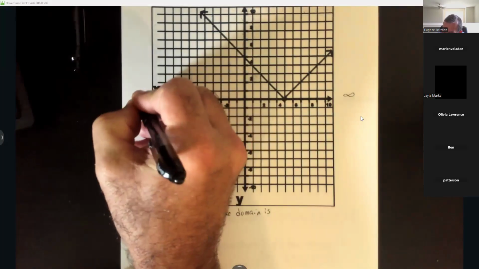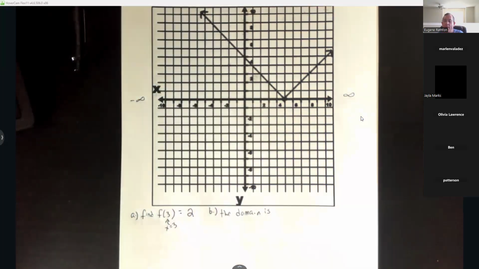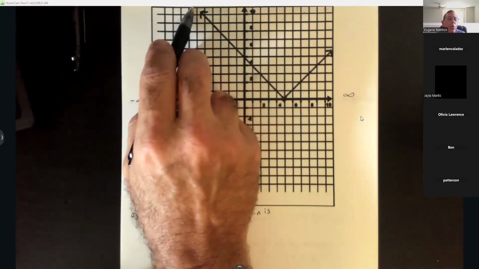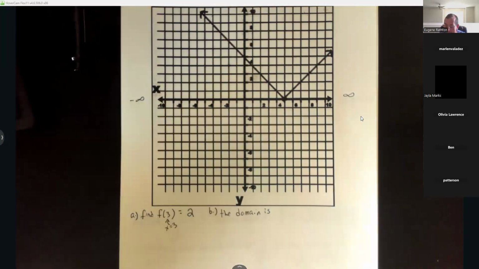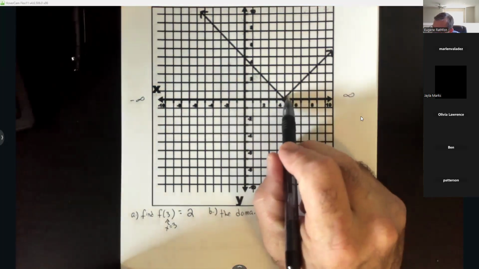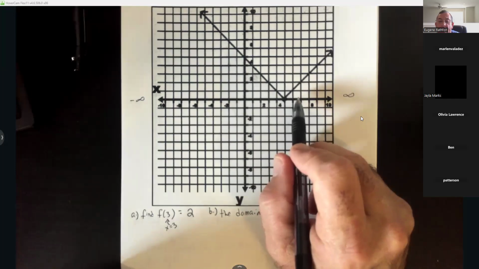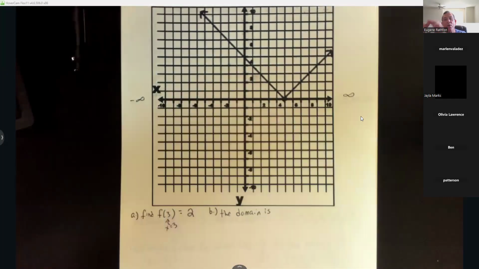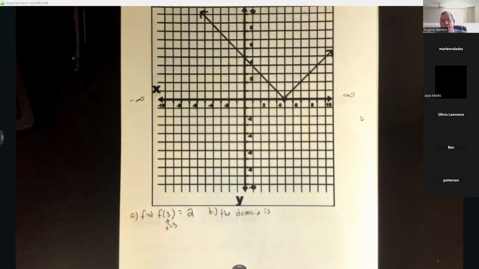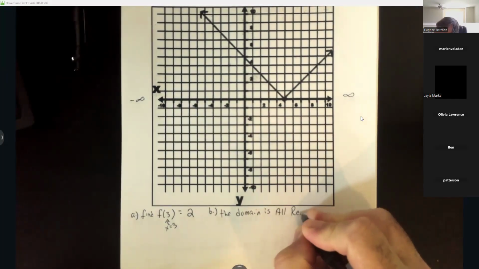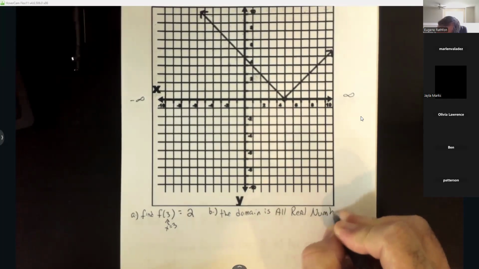And this side is headed off towards negative infinity. When you got a solid graph like this, heading off in both directions on that x-axis, we say that that domain is all real numbers. Because it's covering every point in between 5 and 6, 6 and 7, and so on. So when your graph goes in both directions forever, your domain will be all real numbers.